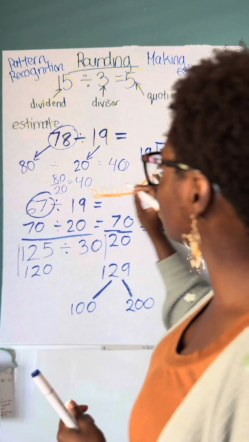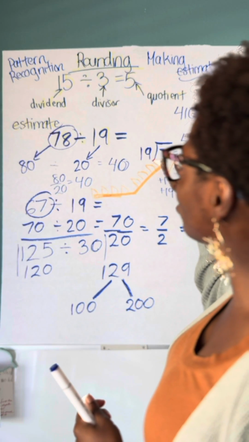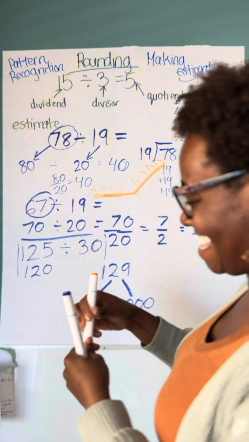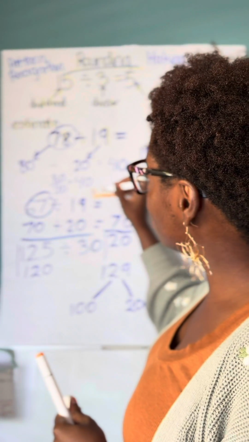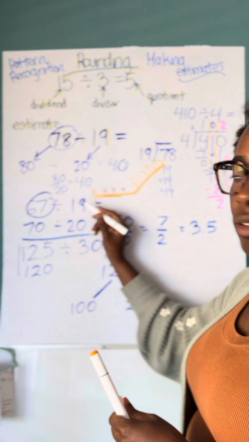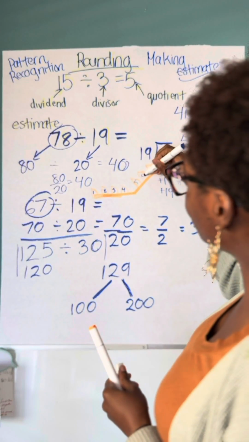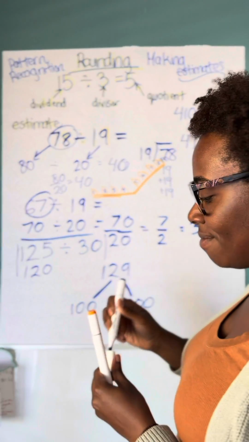I also told one of my kids the alligator's mouth is open. They like stuff like that. So you do 1, 2, 3, 4, you round down. And if it's 5, 6, 7, 8, 9, you round up.